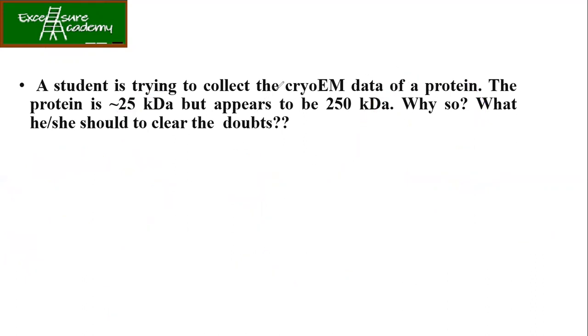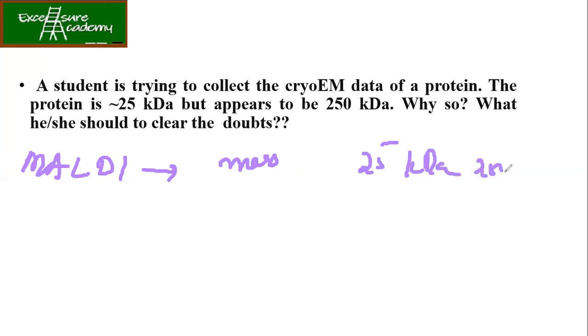And now if I want to check whether it is an oligomer or not, I can also go for MALDI, that is matrix assisted laser desorption and ionization. Over here also you can talk about the mass of the protein. You can get the weight. Suppose you're getting a 25 kilodalton peak as well as a 250 peak, then there might be a problem.